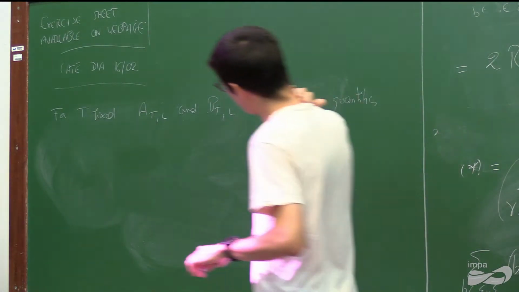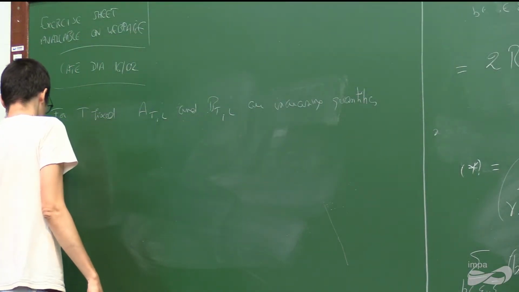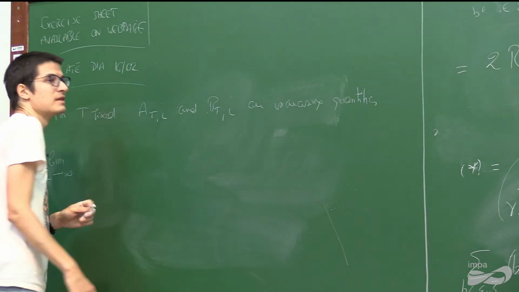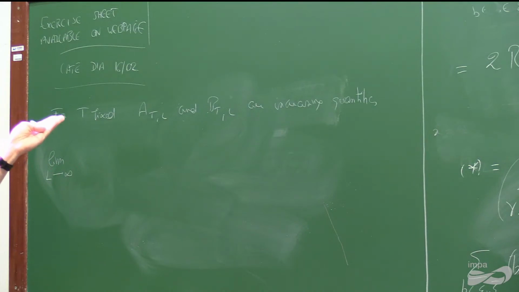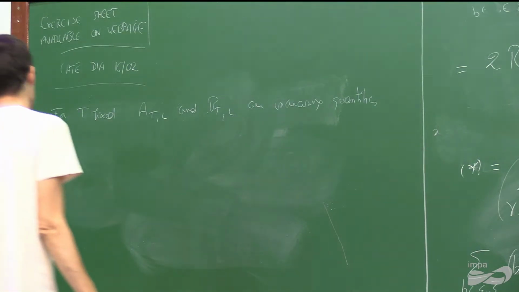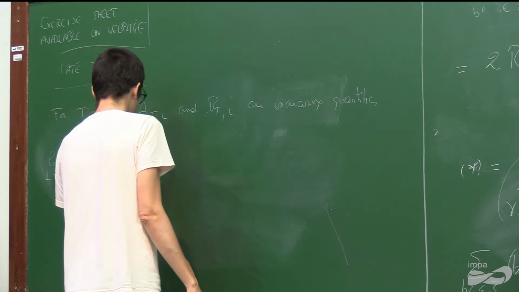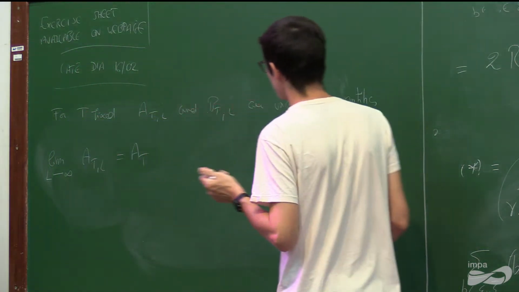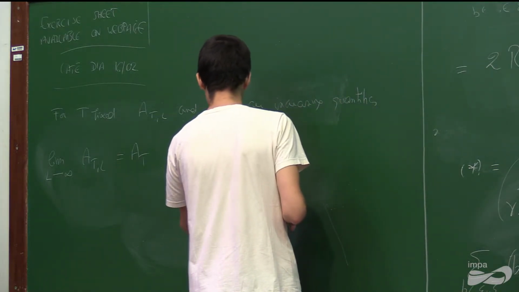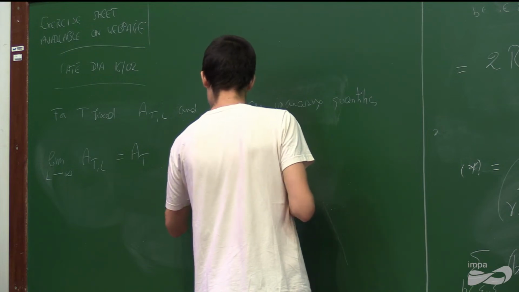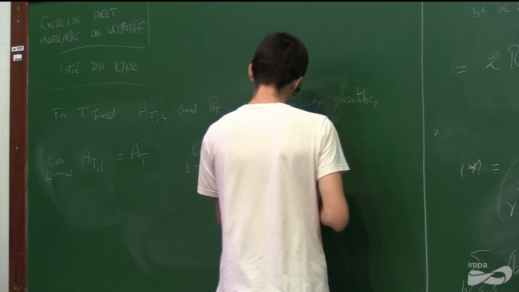Okay, so they are bounded from above by 1 and 1 over C alpha, respectively. So I can call A_T the limiting quantity, and similarly, B_T.